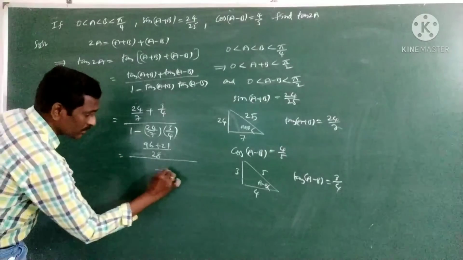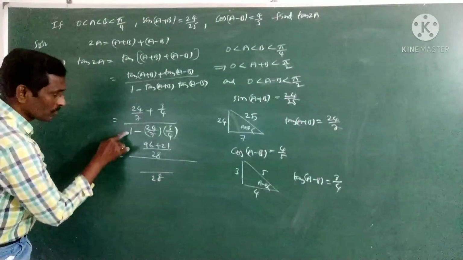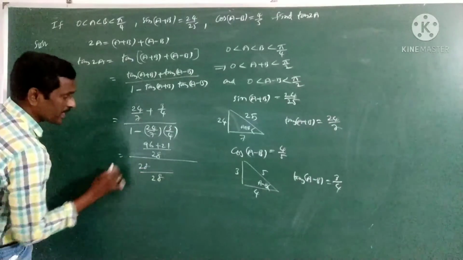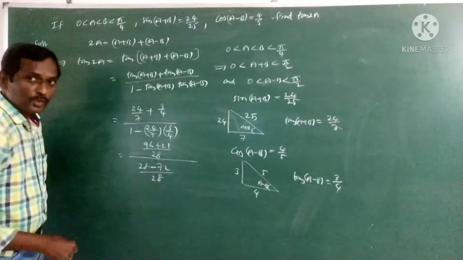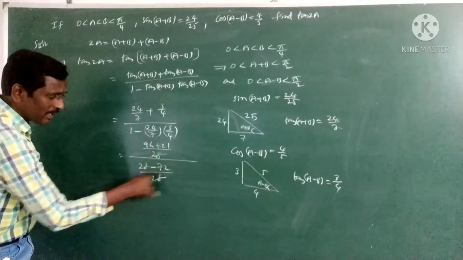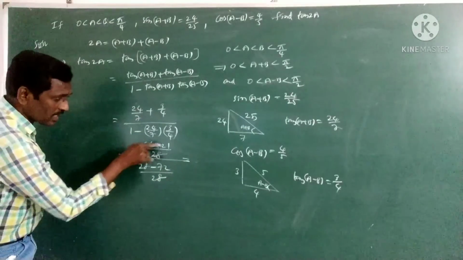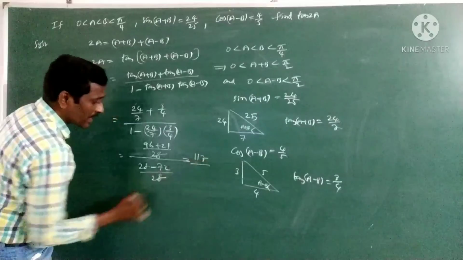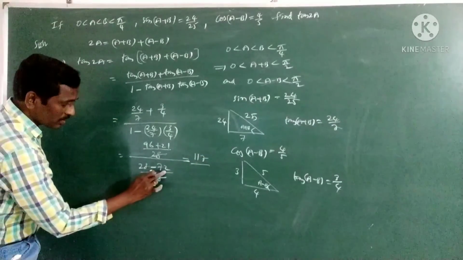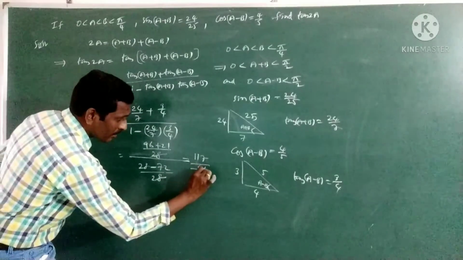In the denominator take the LCM 28 again: 1 becomes 28, minus 24 threes are 72. The LCM gets cancelled. The numerator sum is 117, and the denominator is 28 − 72, which is −44.